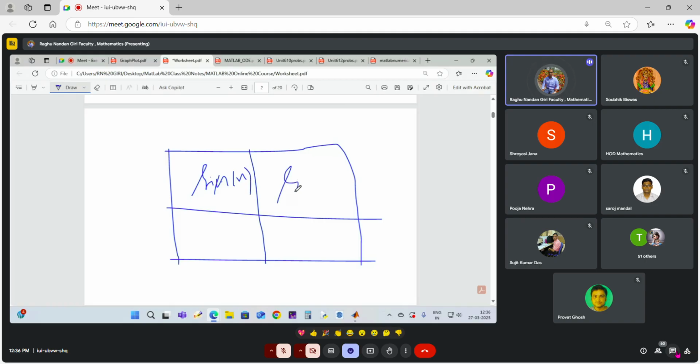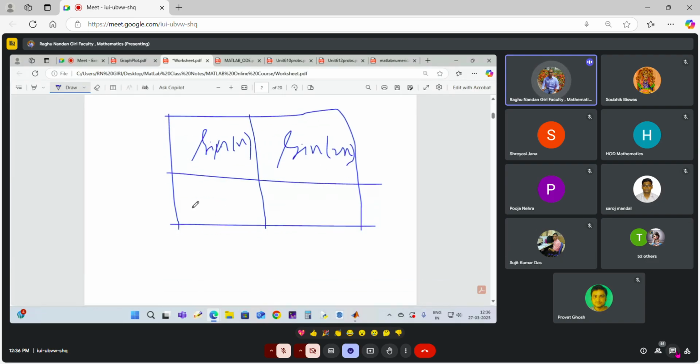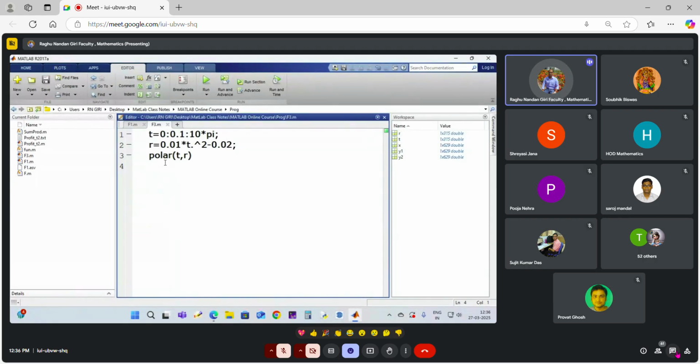Suppose here I want to put sin x, here sin 2x, here sin 3x, and sin 4x. So this is how to do it in MATLAB. There is a command, subplot.